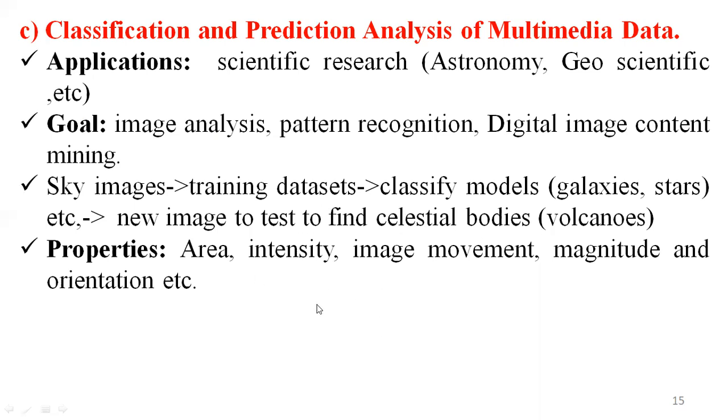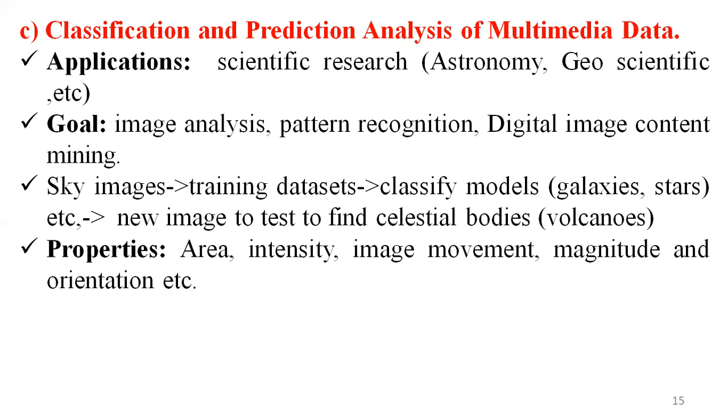And then the properties here. What are the properties? Area, that means you identify the area, for example, in the case of an image, intensity. What is the intensity of the image? These are some of the attributes for the image.